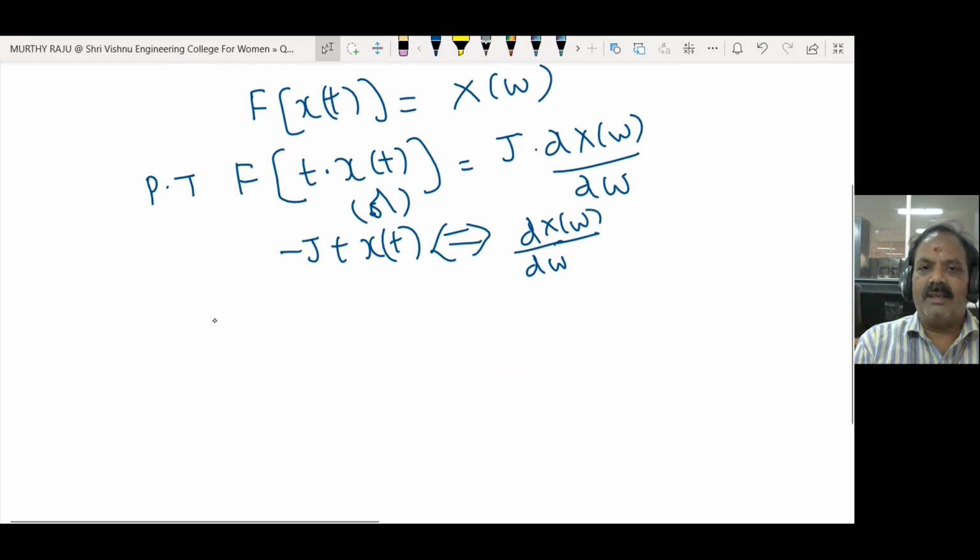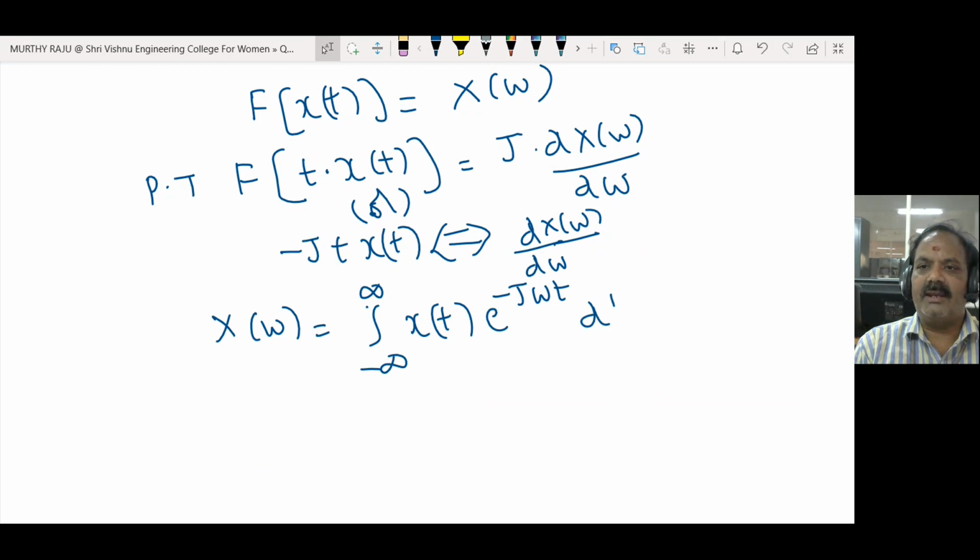We know that X of omega is equal to the integral from minus infinity to plus infinity of x of t e power minus j omega t dt.